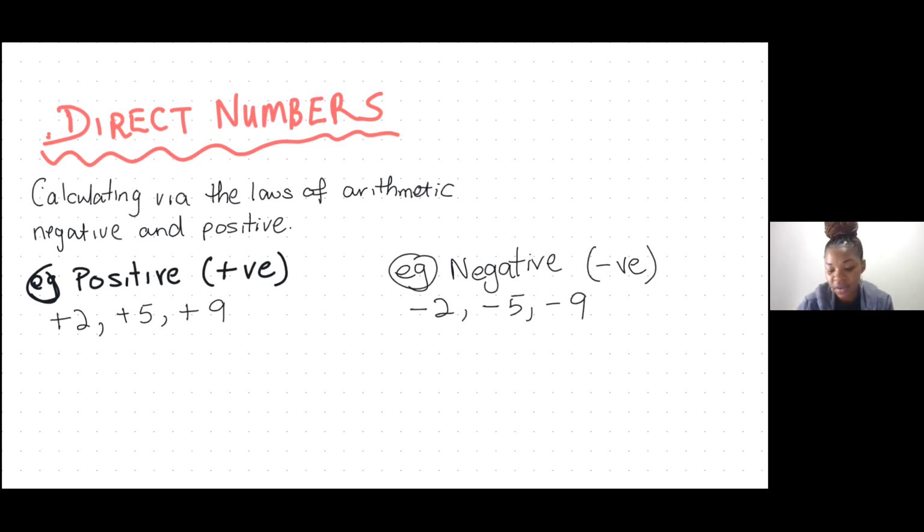And to the right of 0, we have our positive numbers. And to the left of 0, we have what we call our negative numbers. So any number to the left of 0 is smaller than 0.